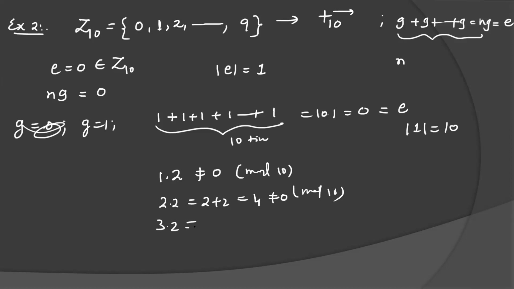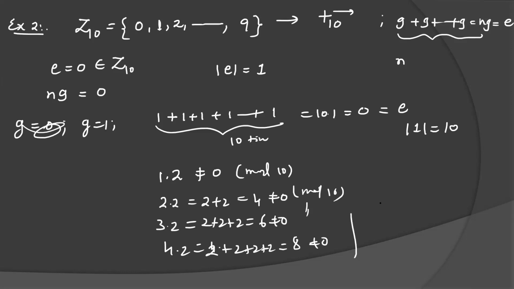If you add 2 three times, 2 plus 2 plus 2, 6, not equal to 0 in modulo 10. If you add 4 times, 8, that is also not equal to 0. If you add 5 times 2, in addition modulo 10, you will see that the remainder is 0. It means the order of element 2 is 5.